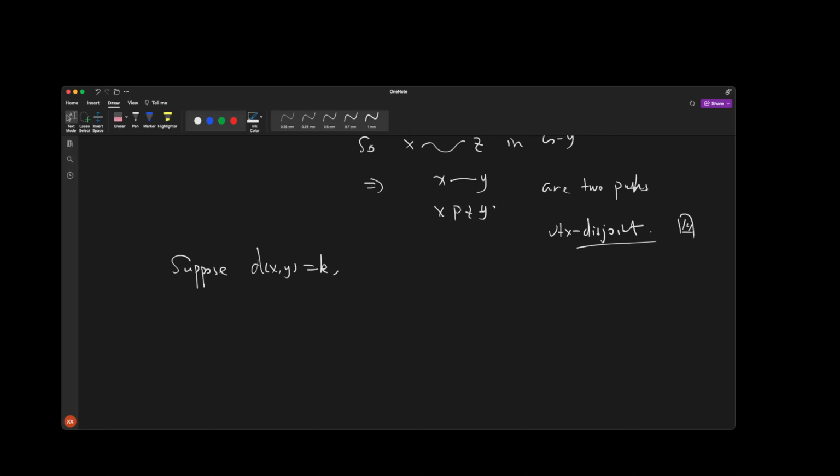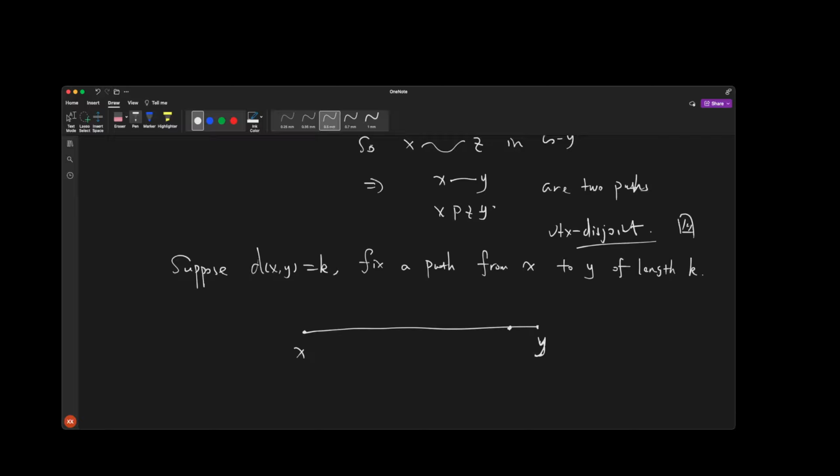So let's fix a path from X to Y. This is a path P of length K, because the distance is K, so there is at least one such path.